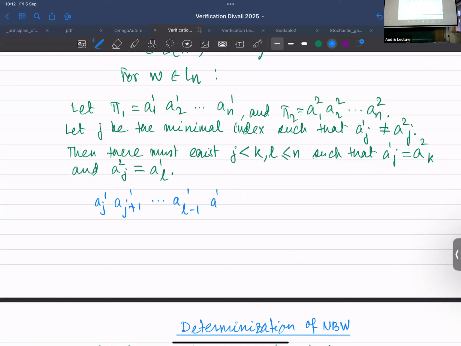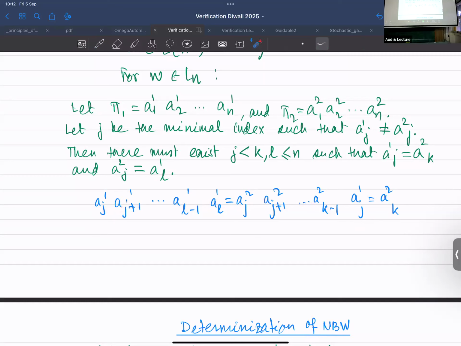And then from aj2, it will go to ak2, which is also equal to a1j. So you see that we have got this cycle. You can go like this and then again come out like this. Clear? So you have a cycle.